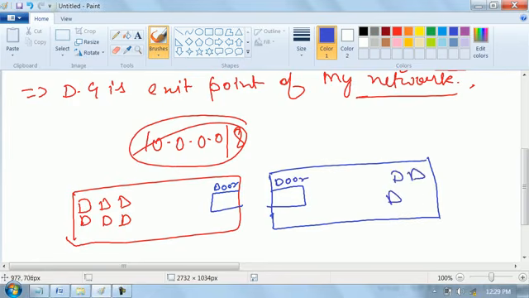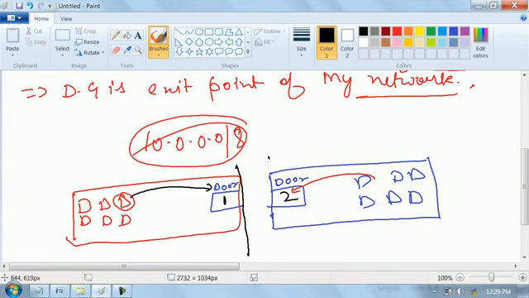Some people are sitting here also. When they want to leave their network, their default gateway will be this door. When these people want to leave this network, their default gateway will be door number 1. Their default gateway will be door number 2. Agree? Any problem?